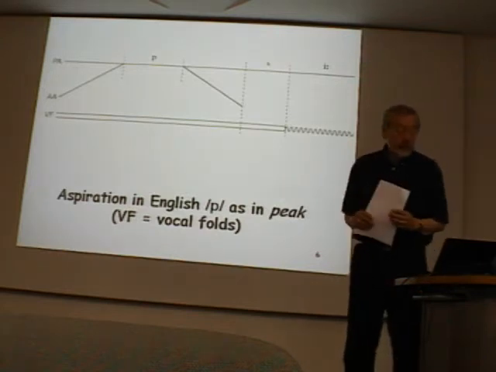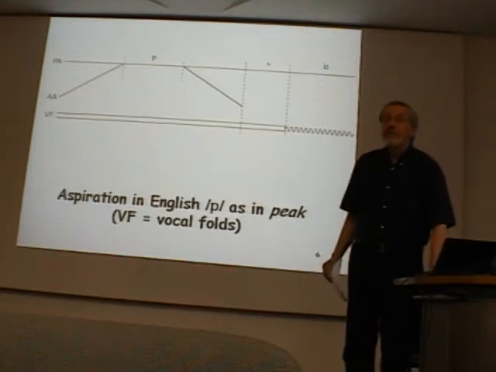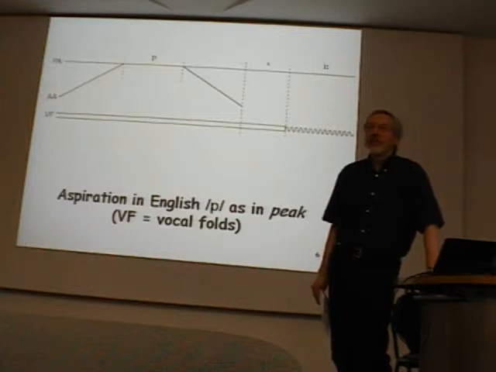We'll take it as in the word peak. If we take that, pa, you should be able to hear a little puff of air, as it were, when I release the articulators for the P sound.